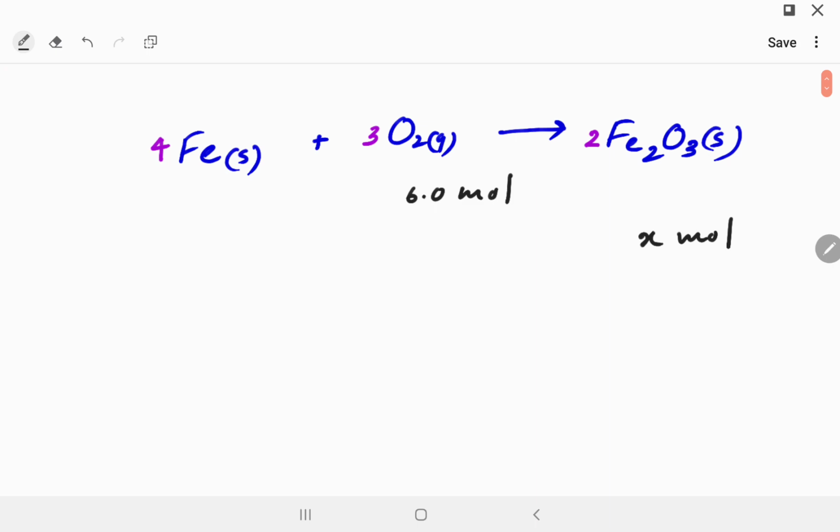So the assumption is that you are using more than enough iron. Iron is not a limiting factor.